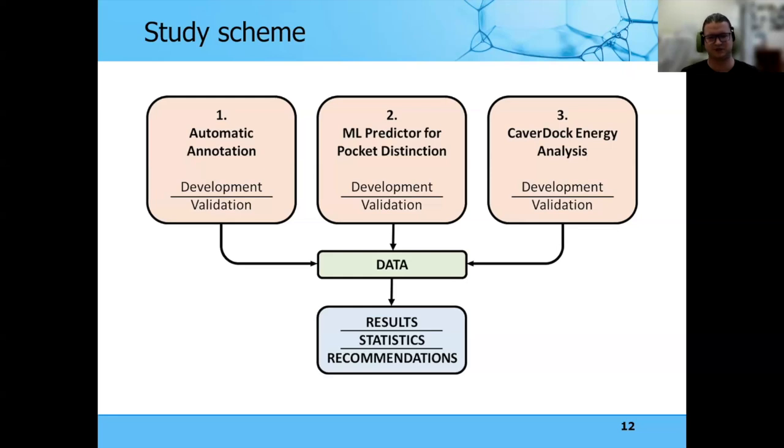Then for the machine learning predictor, of course, we had training and then testing or validation data sets. And for KVDoc, we carried out adaptive steered molecular dynamics simulations to validate the results.